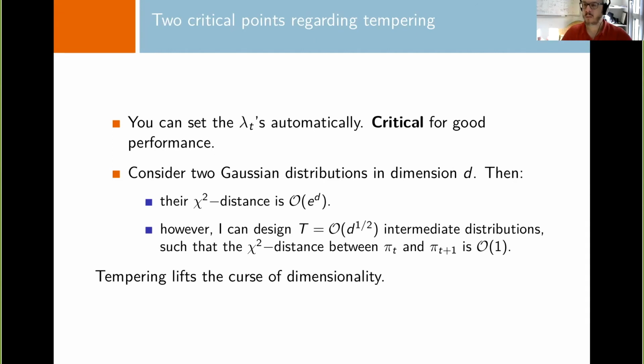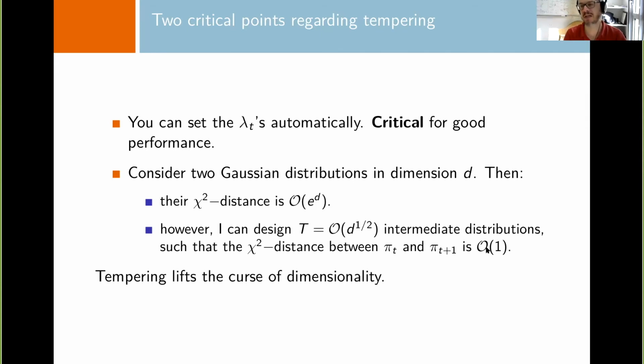Okay, but if you allow me to use a tempering sequence of intermediate distributions, square root of D intermediate distributions, then I'm able to choose these intermediate distributions along this tempering scale so that the chi-square distance between two successive distributions is O(1).